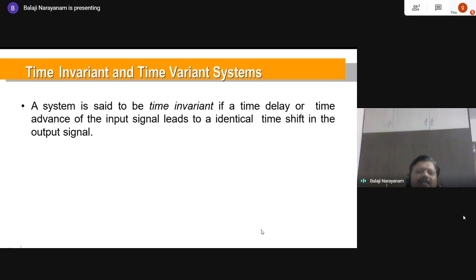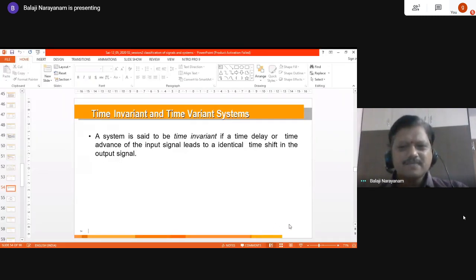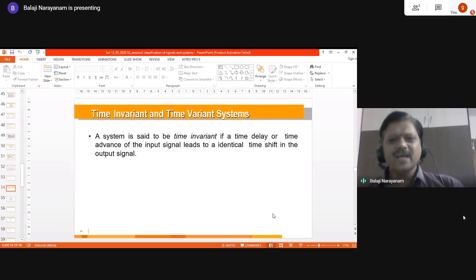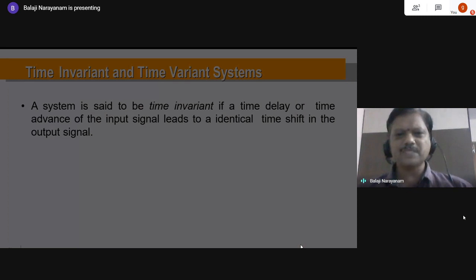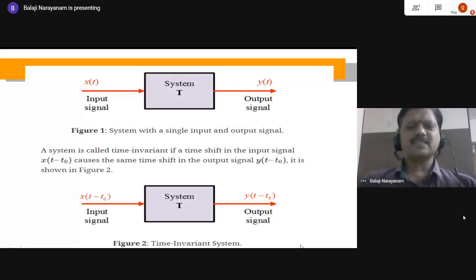Now, take another classification of systems, that is time invariant and time variant systems. A system is said to be time invariant if a time delay or time advance of the input signal leads to an identical time shift in the output signal. Now, let us take a system diagram.